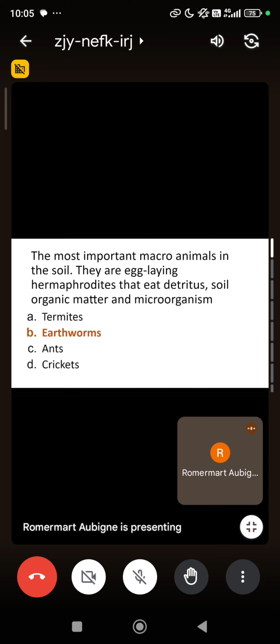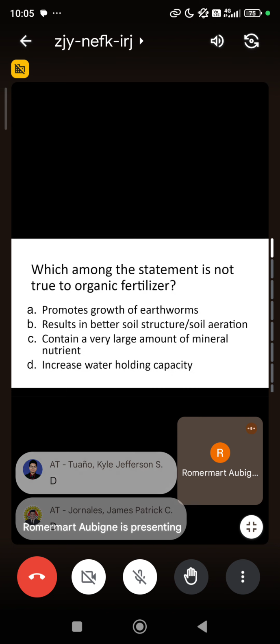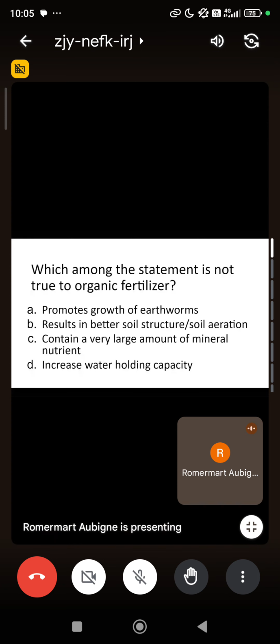Which among the statement is not true to organic fertilizer? A. Promote growth of earthworm. B. Reduce moisture, soil aeration. C. Contain a very large nutrient. D. Increase water holding capacity.